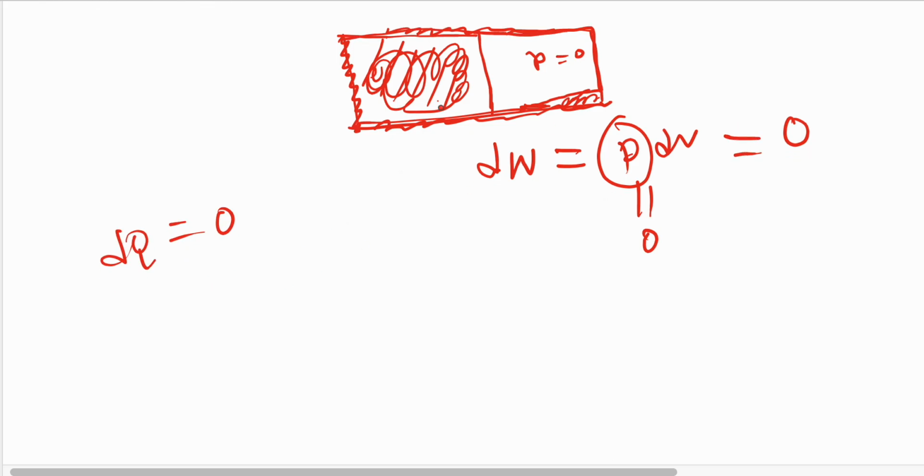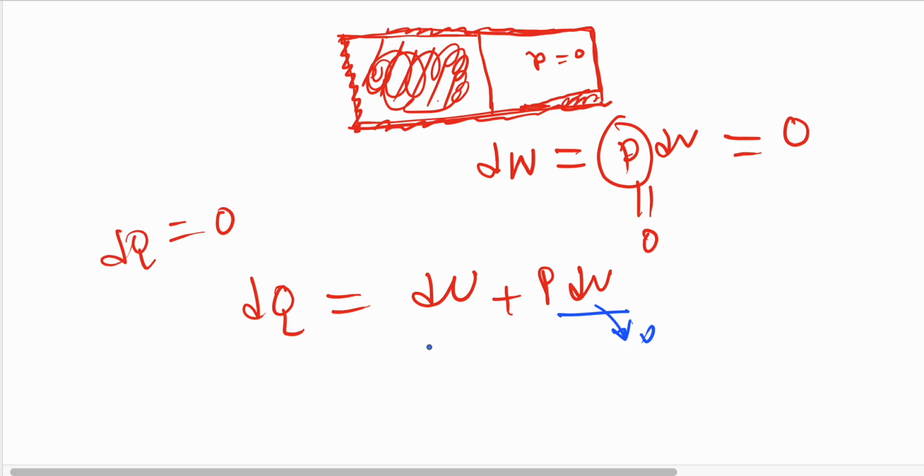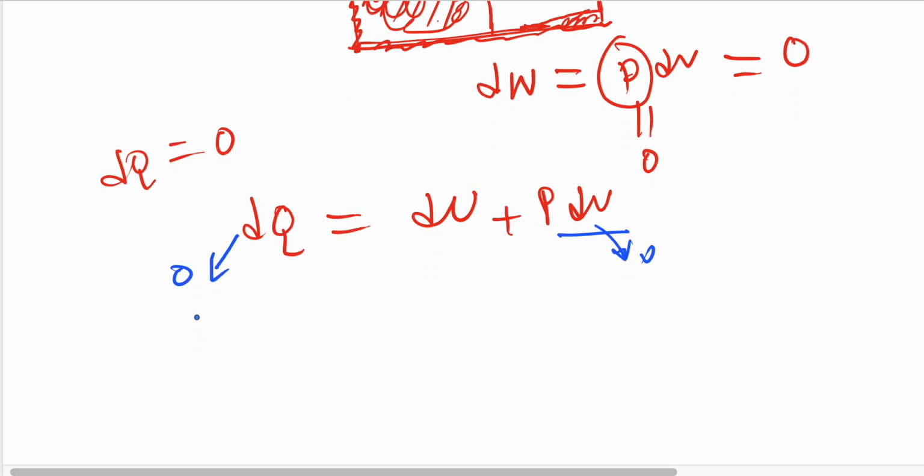So what is the change of the internal energy of the system? From the first law of thermodynamics we know that dQ is equal to dU plus p dV. In this process, since dW is 0, p dV is 0 and dQ is also 0, that means the change in internal energy is also 0.